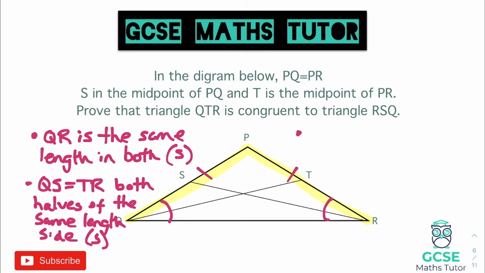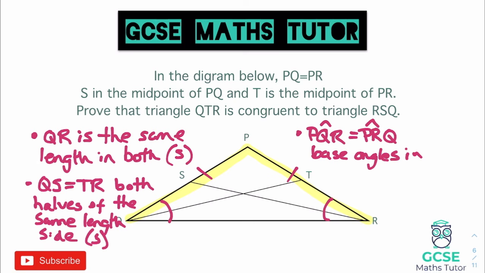So I can say that angle PQR is equal to PRQ. There we go, and those angles are going to be equal. Let's just get rid of that, that doesn't quite go over the R there. There we go, PRQ. So they are equal because base angles in an isosceles are equal.